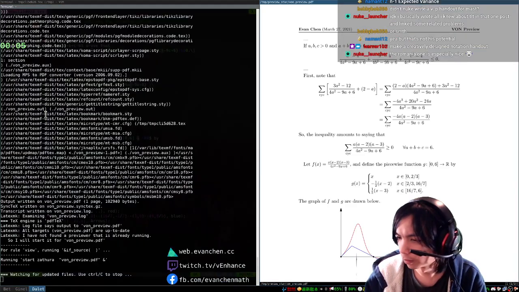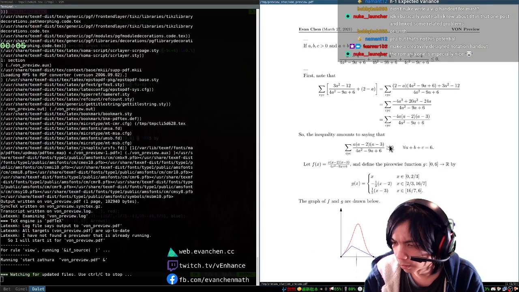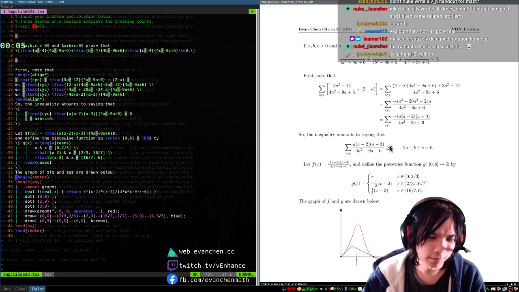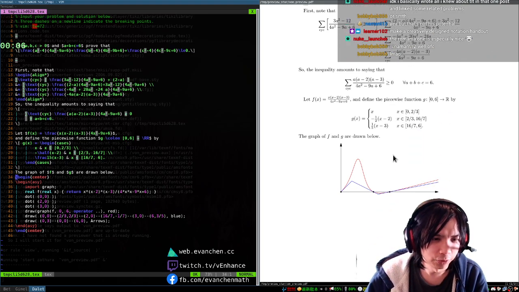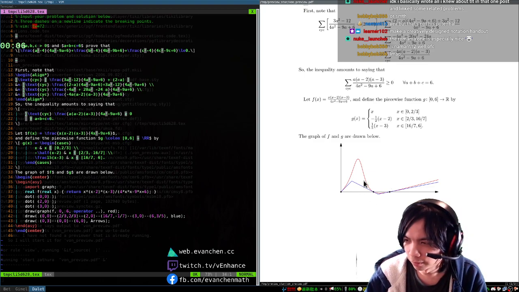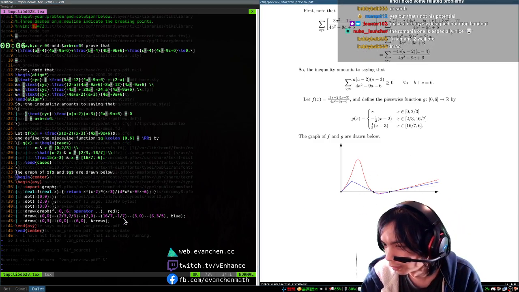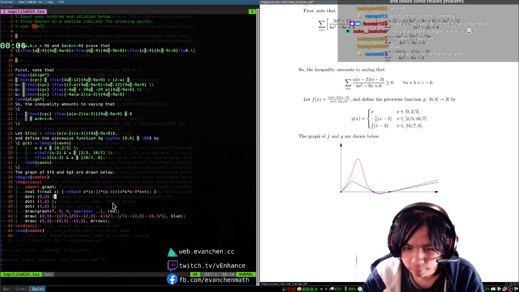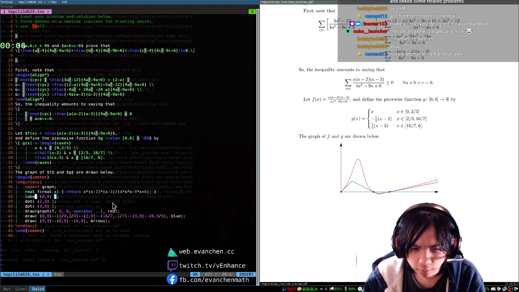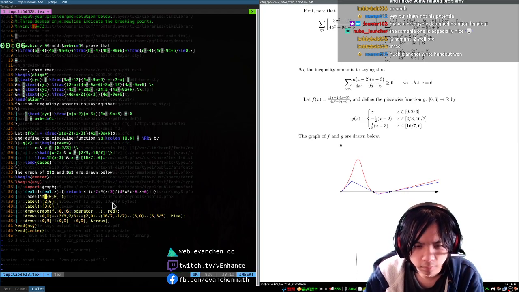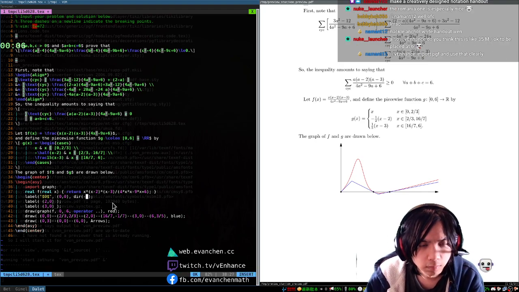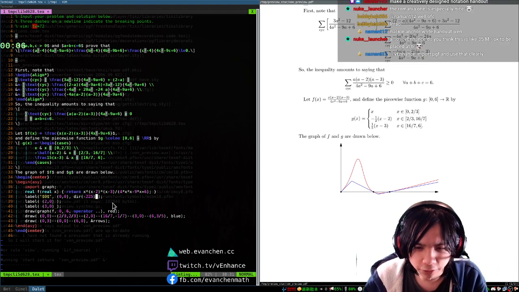Okay. Does anyone remember how to draw axes in Asymptote? Like with ticks, and actually it doesn't matter. This picture's good enough. Import PGF and use that.